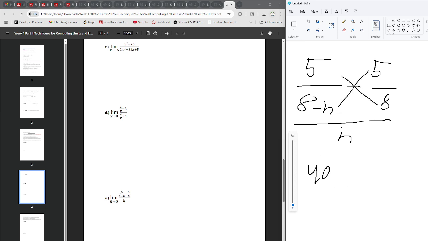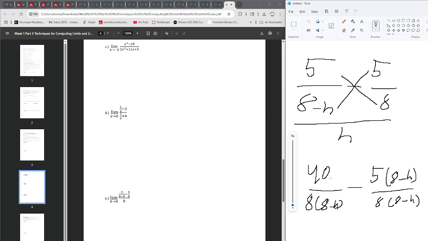We have 40 over 8 times 8 minus h, because basically what we're doing is 5 over 8 minus h times 8 over 8 to keep it the same. And then this is subtracted by 5 times 8 minus h over 8 times 8 minus h.